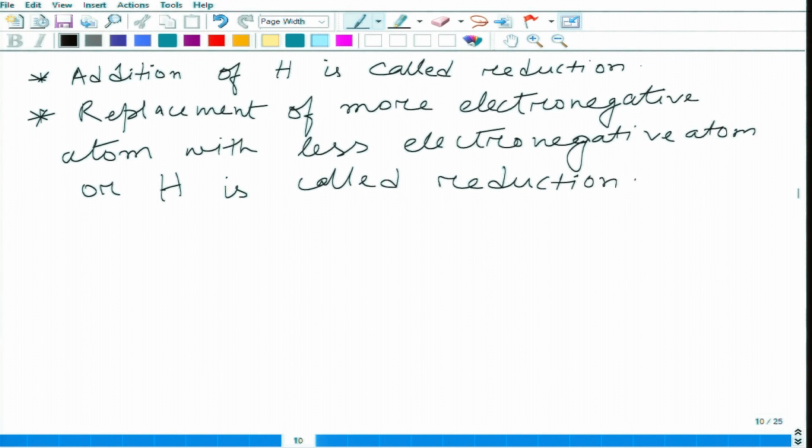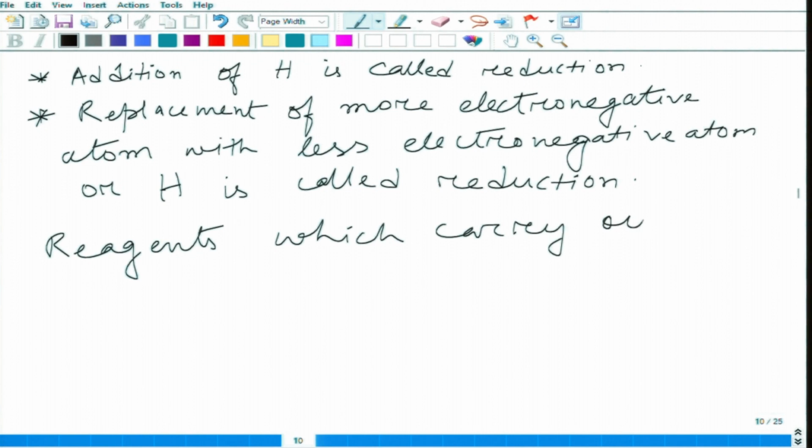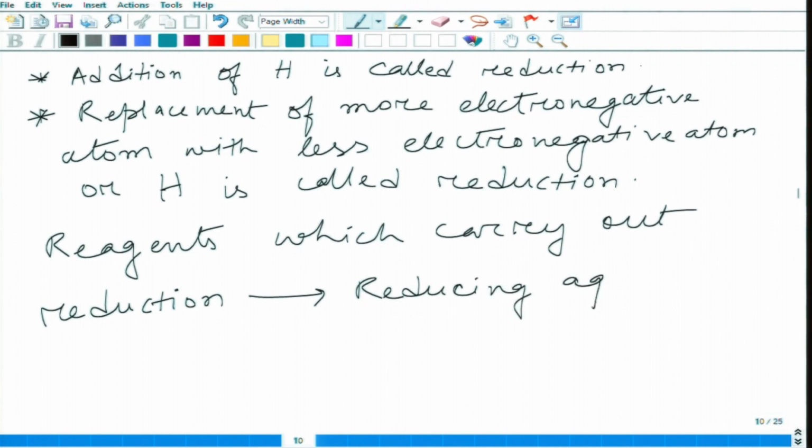So, there are some reducing agents. Now, reagents which carry out reduction are called reducing agents.